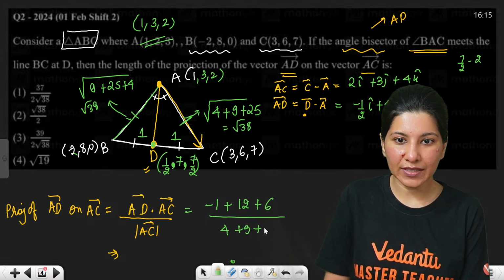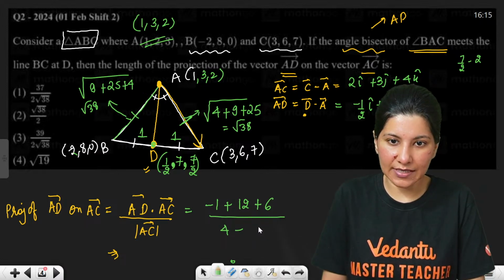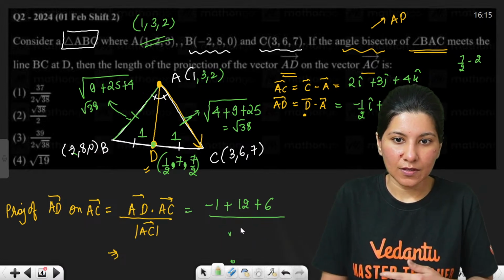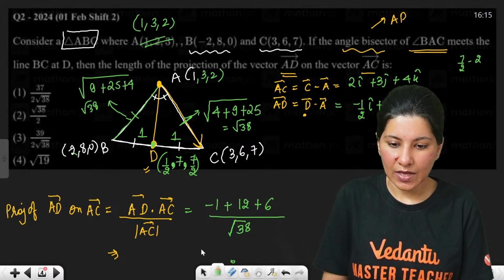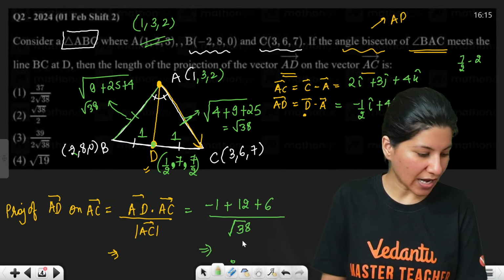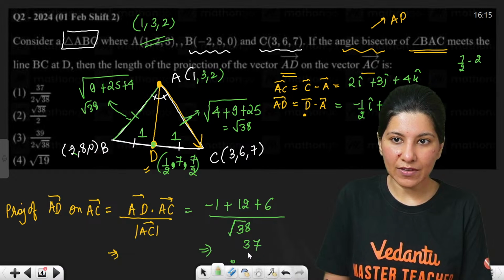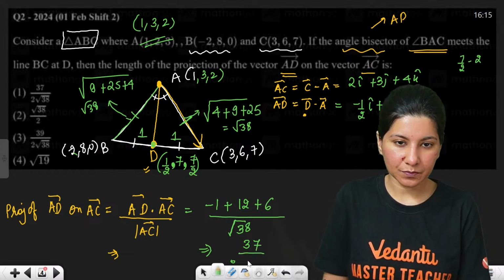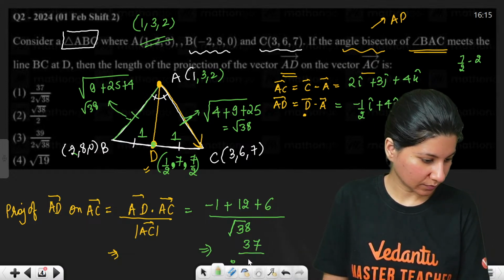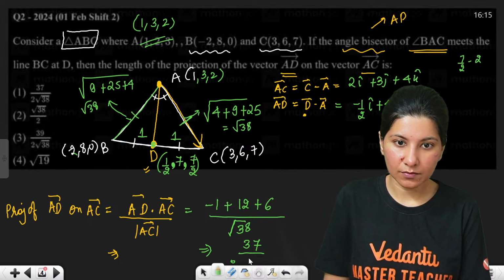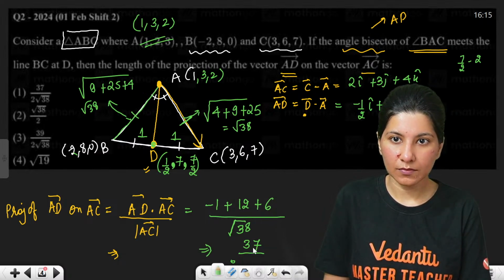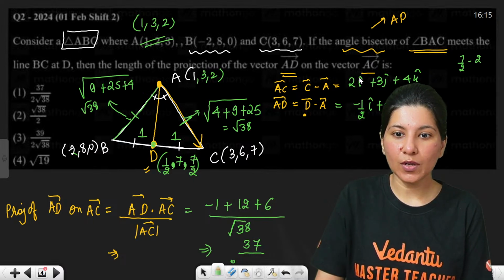AC you have calculated, that is again root 38. So here we go, the answer is 37 upon root 38. Projection of AD on the AC.